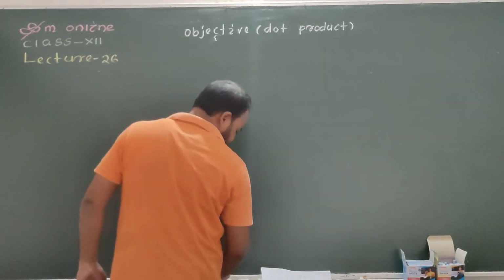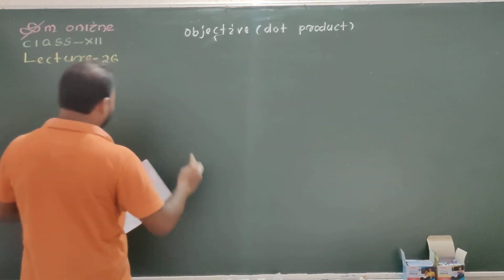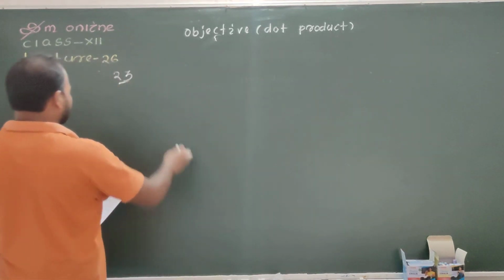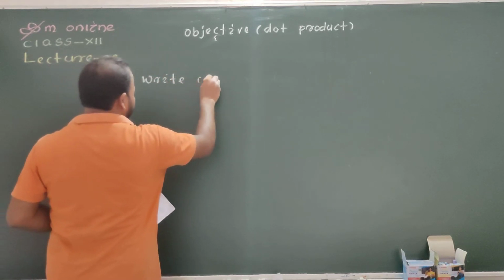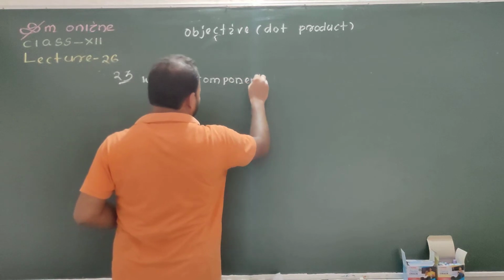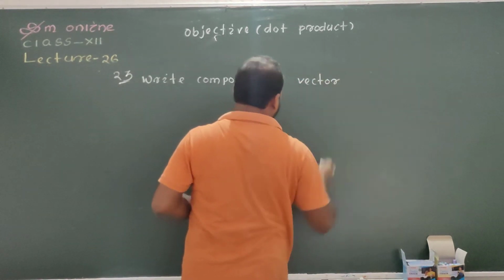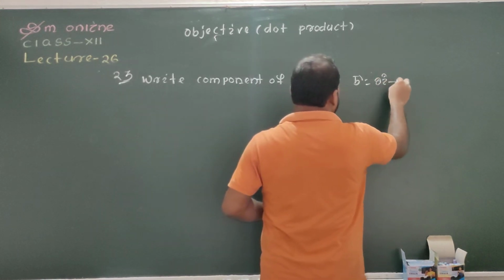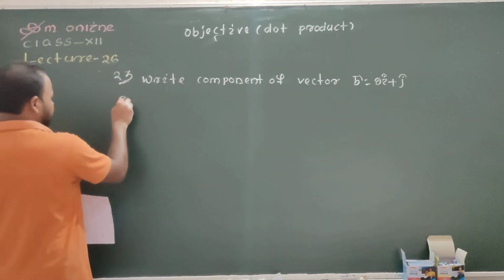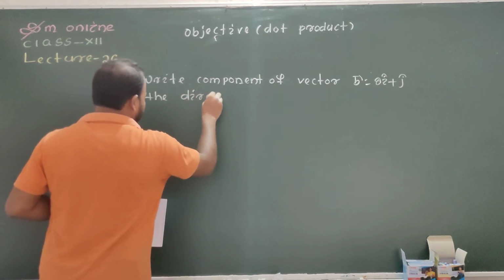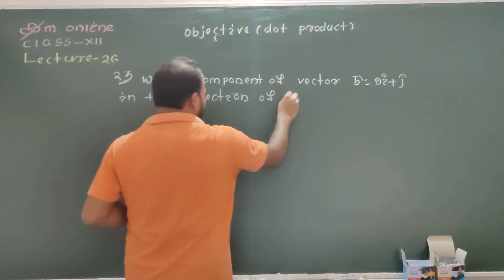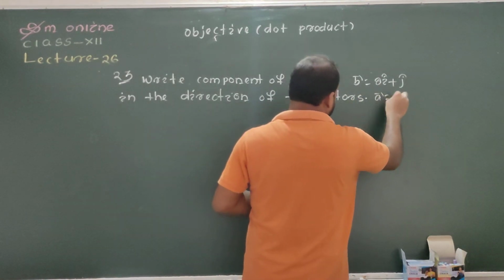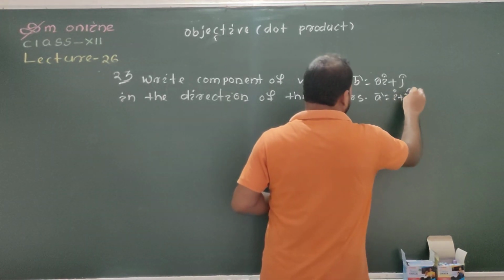Now question number 23. Write the component of vector B equal to 8 i cap plus j cap in the direction of the vector A equal to i cap plus 2j cap minus 2k cap.